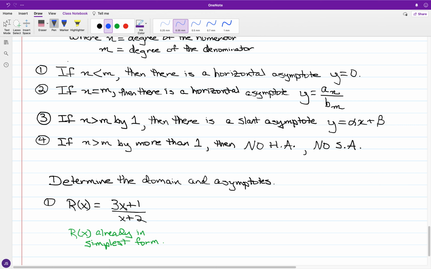And regarding the domain, we have the denominator x plus 2. x plus 2 cannot be 0, so x cannot be negative 2.